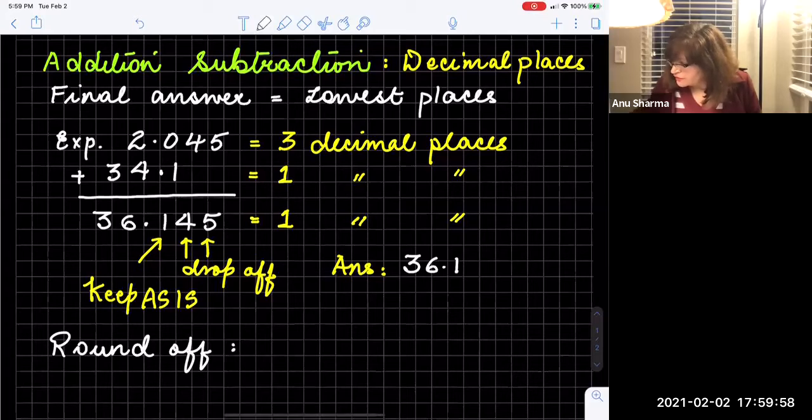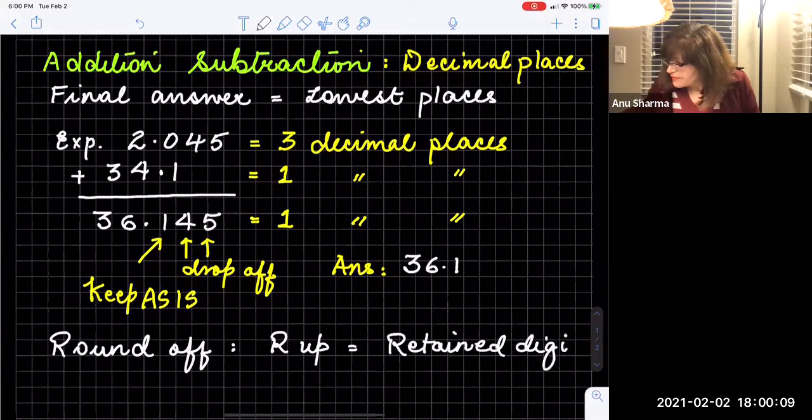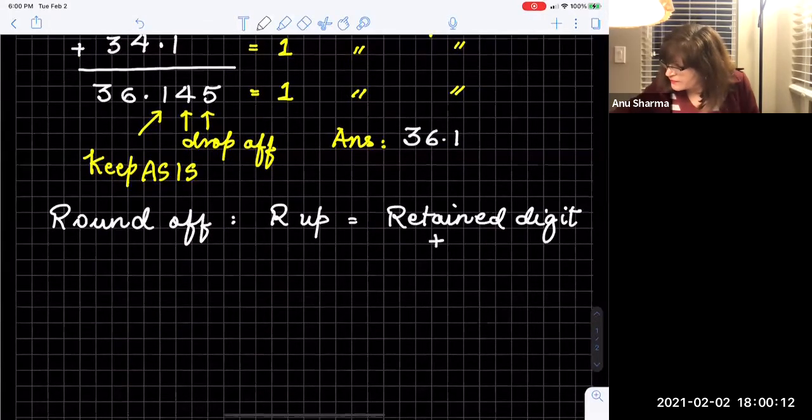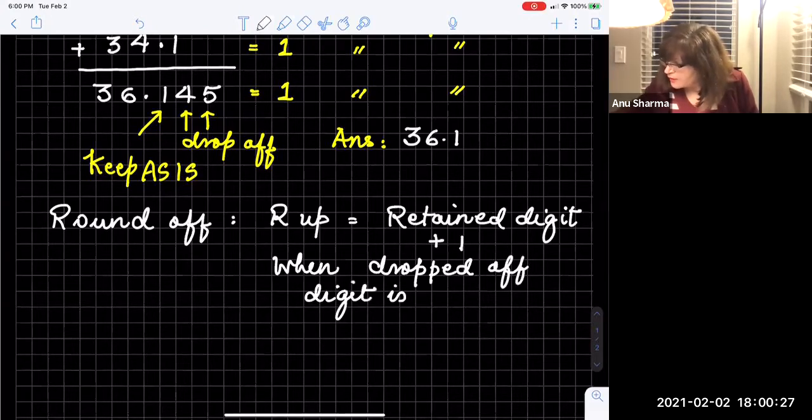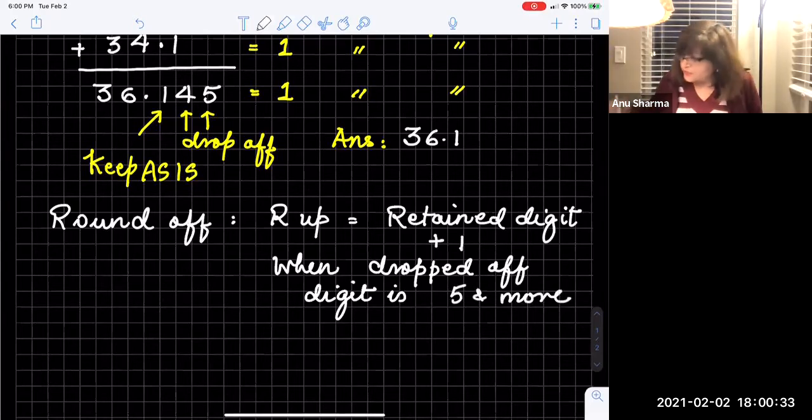Remember the rule: when you retain the retained digits, you add 1 to it when the dropped off digit is 5 or more. So like you said, if the answer was 36.55, then this becomes 36.6. Okay, that's good.